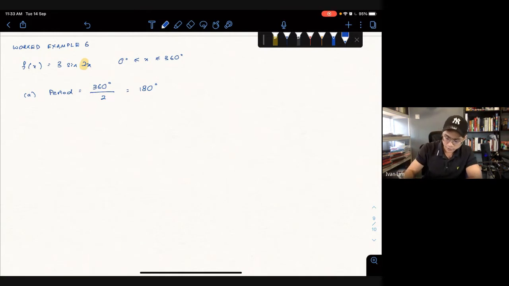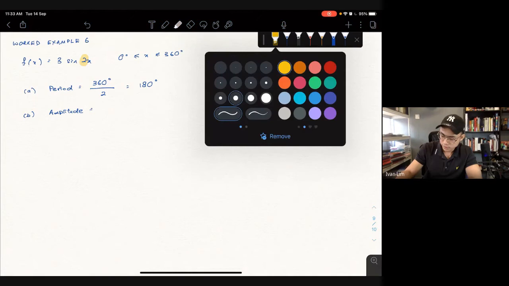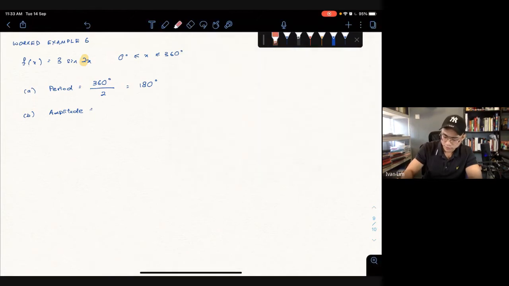Second one, what is the amplitude? For the definition of amplitude, we look at the a value. In the original sine graph, your amplitude is 1 and -1. Your maximum and minimum points are 1 and -1, so your amplitude is 1. How the a value, the 3, will affect the graph is that you multiply your maximum and minimum points by 3.